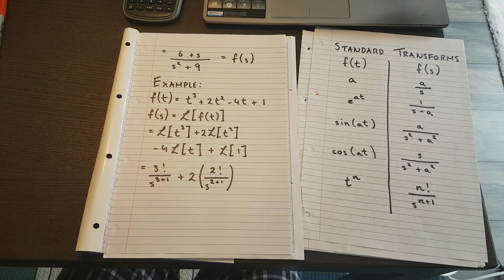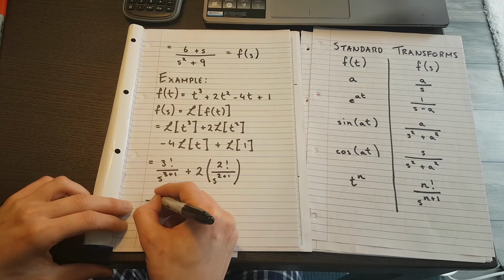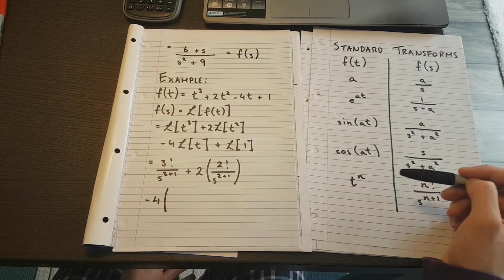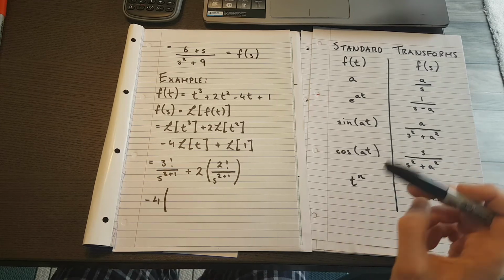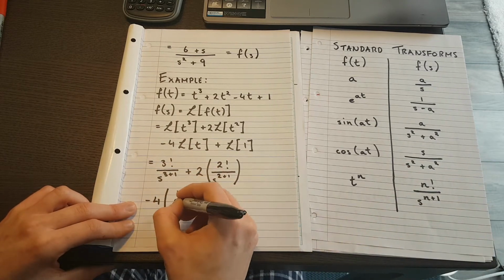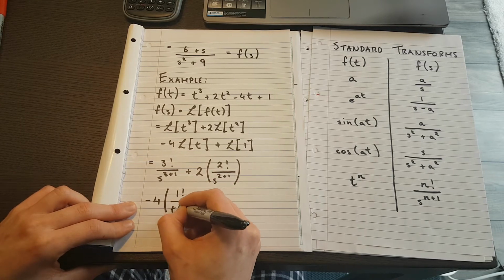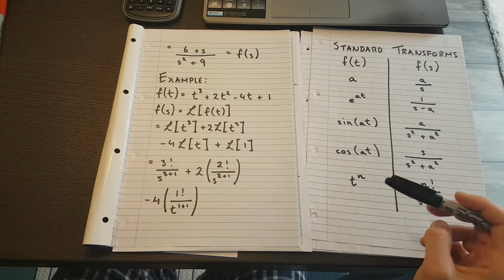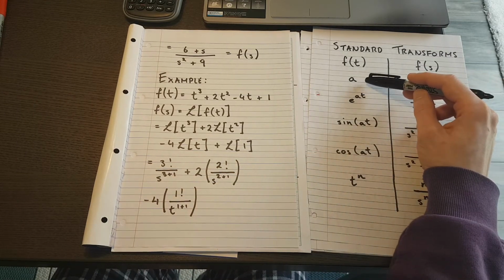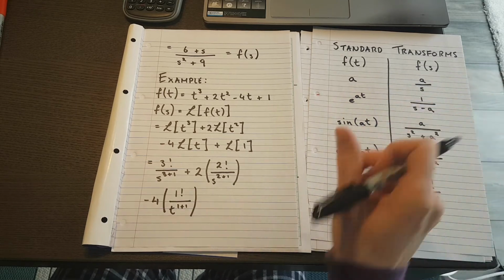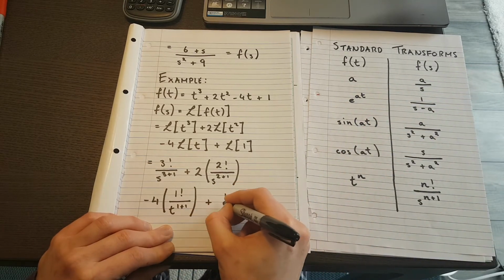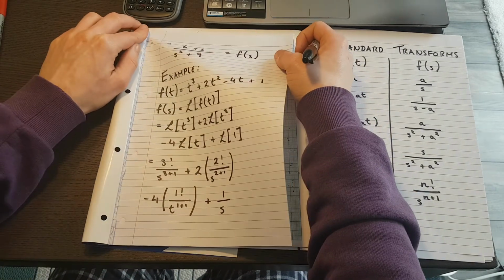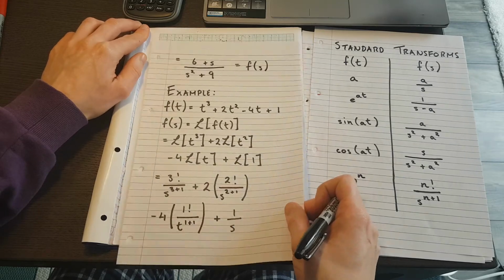Okay. Then I'm going to have minus 4 times, and we can see here that we have t, which is just t to the power 1, okay? So that's going to be 1 factorial, and I have s to the power 1 plus 1. And then finally, I have the Laplace transform of 1. 1 is just a constant, where a is 1, so this is just going to give me 1 over s.